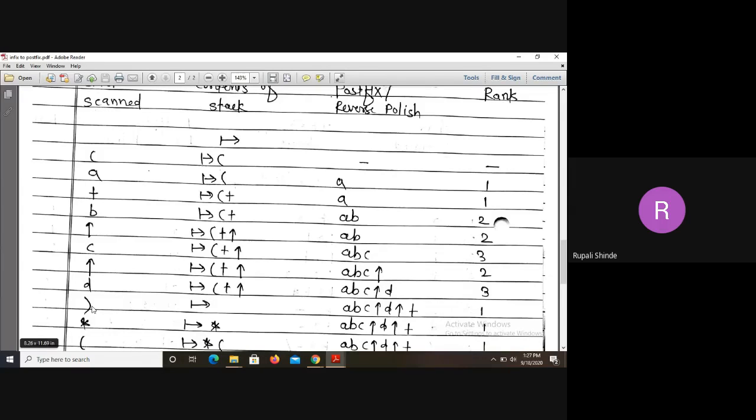Between them there are two operators, plus and exponential. That's why we have to take the exponential and plus out of the stack. Now your stack is empty, and the rank for this expression is 1.